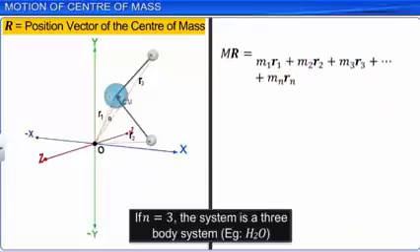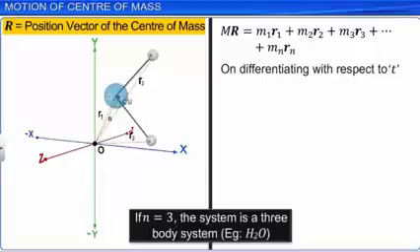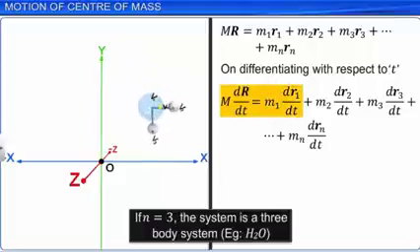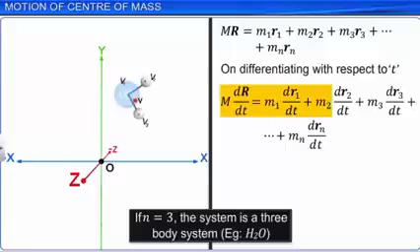On differentiating both sides of the expression with respect to time, we get M dR by dt is equal to m1 into dR1 by dt plus m2 into dR2 by dt plus m3 into dR3 by dt and so on, plus mn into dRn by dt.